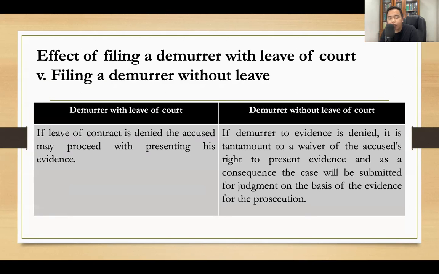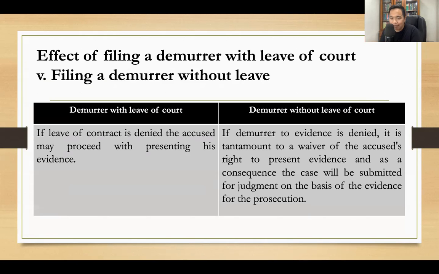Now, if demurrer is filed with leave of court, and leave of court is denied, the accused may proceed with presenting his evidence. For example, the accused filed the motion for leave of court to file demurrer to evidence, and that motion is denied, then the accused will present evidence.